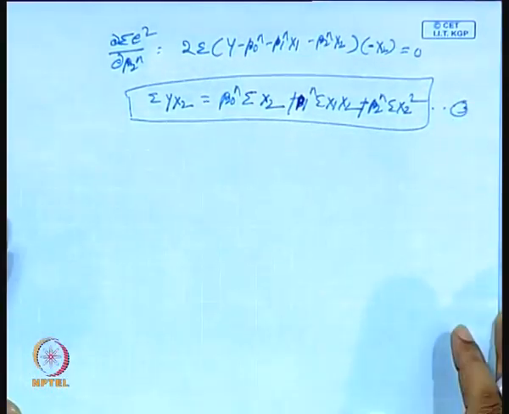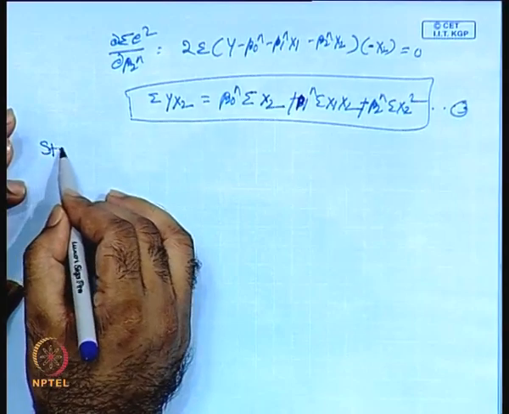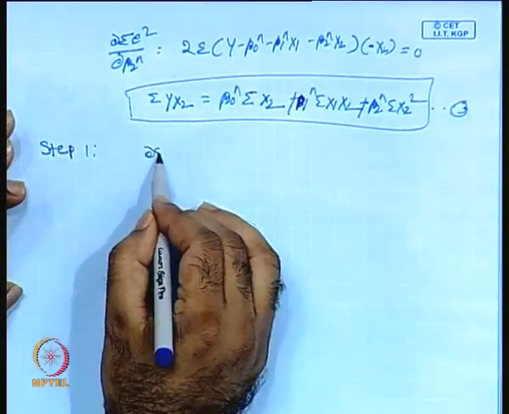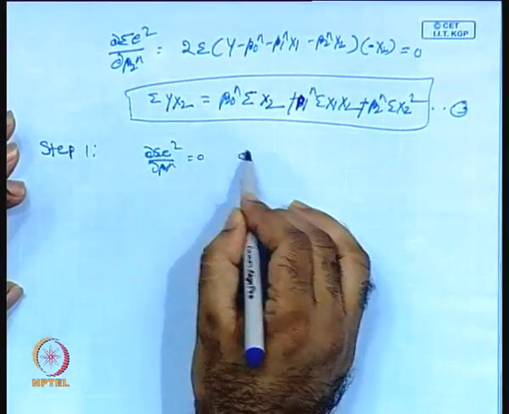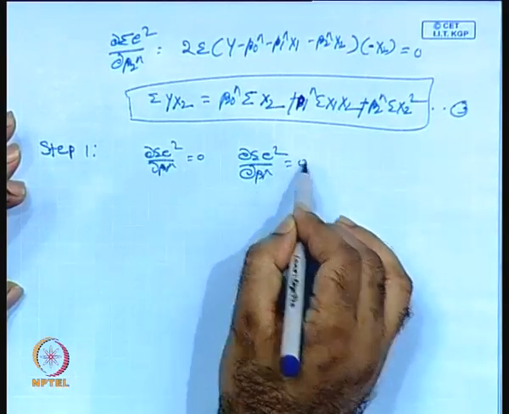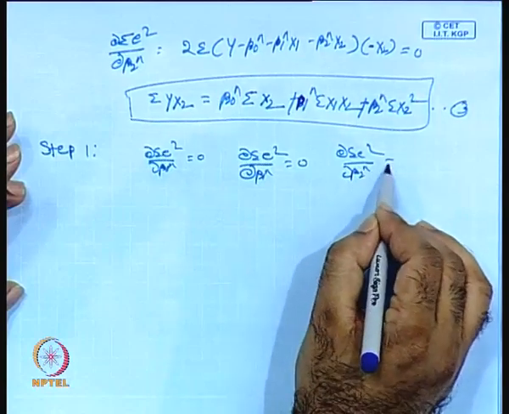So the process in this minimization by the OLS technique, step 1, is d summation e squared by d beta 0 hat is equal to 0, d summation e squared by d beta 1 hat is equal to 0, and d summation e squared by d beta 2 hat is equal to 0.